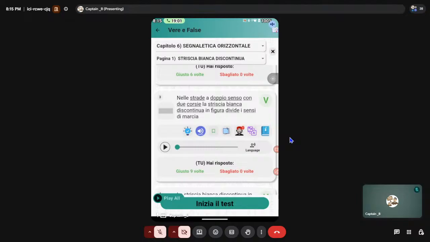You understand? Okay? But because of the white middle line, it's telling us that this road is doppio senso con due corsie, with two lanes. The striscia bianca discontinua, you are talking about the white discontinuous line in figura, this figure. Divide il senso di marcia, it divides the sense of movement. Yes, and it is true. È vero.